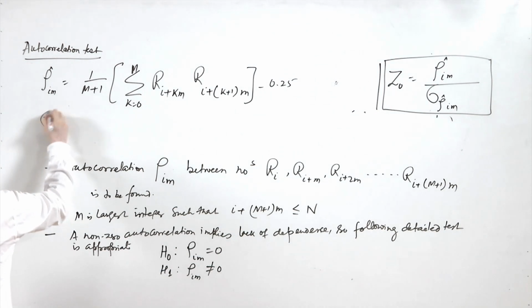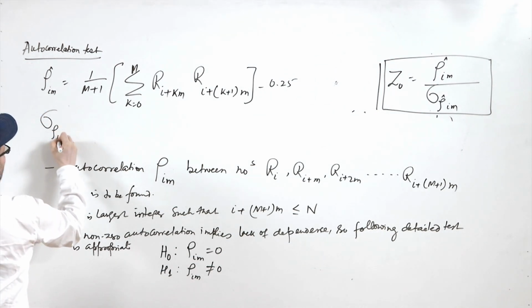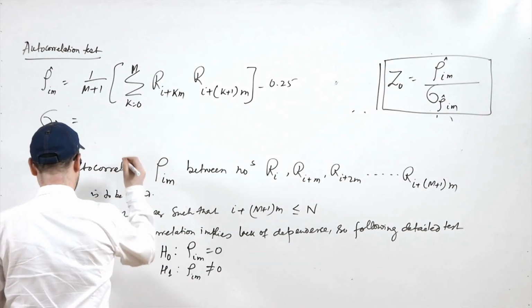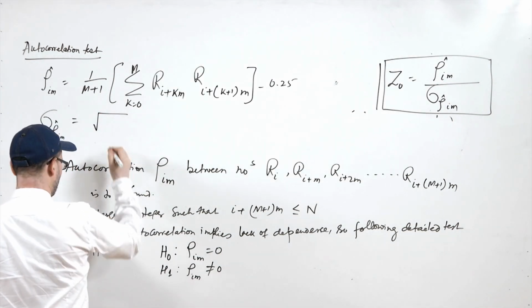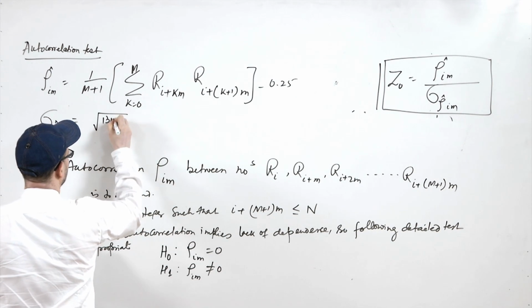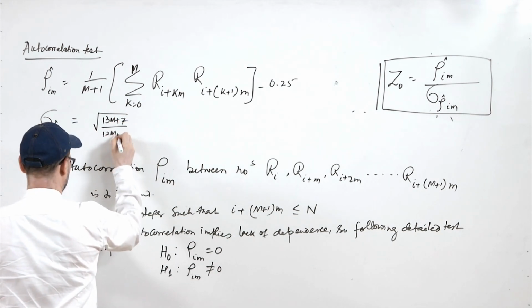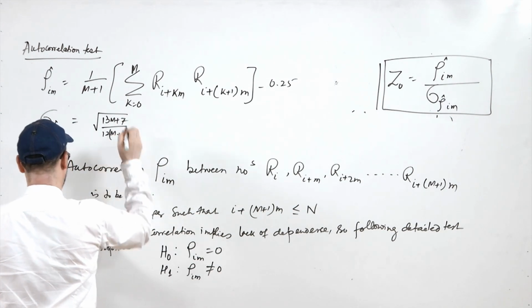And sigma rho im is given by the square root of 13M plus 7 divided by 12 into (M plus 1).